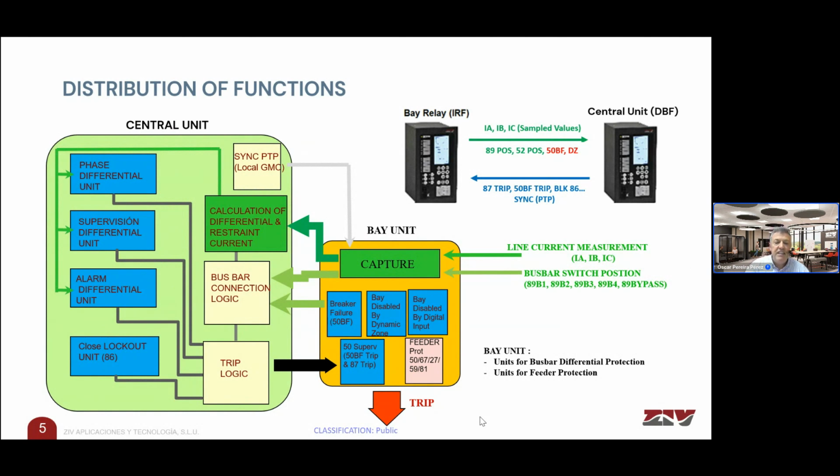If needed, in case of a fault, again the central unit, as you can see in the black arrow, will send the trip to the bay units involved, or the bay units connected to the faulty busbar. Okay. In any case, as we go further in this presentation, you will later identify all of these parts of the diagram.